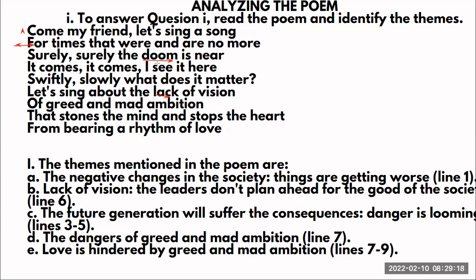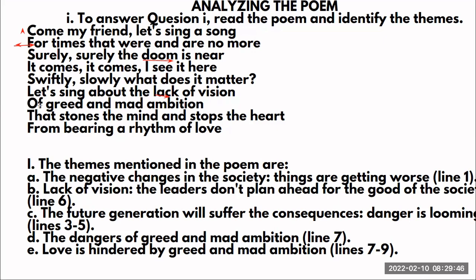So the lack of vision now refers to leaders. It shows that the leaders lack vision. The leaders don't plan ahead for the good of society. They don't do things that will bring a better future for the masses. All right. So lack of vision.